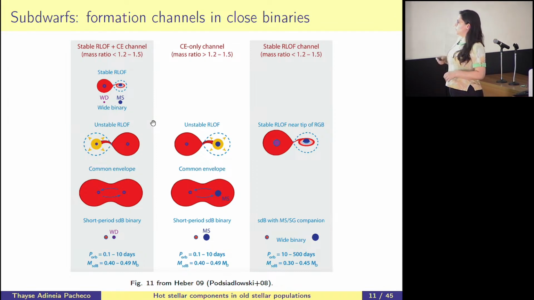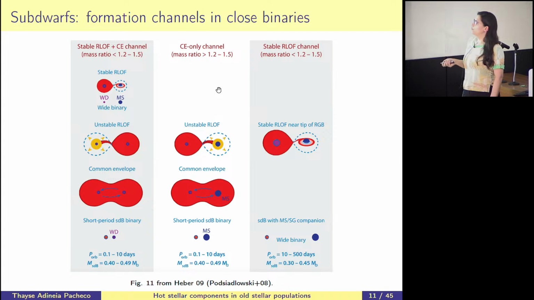And the other unlikely scenario is the merger of two helium white dwarfs. But this is an emerging study, so we don't know exactly how they are formed.